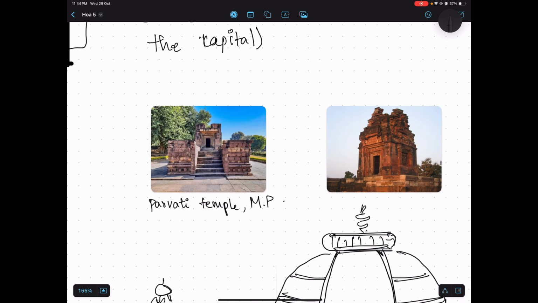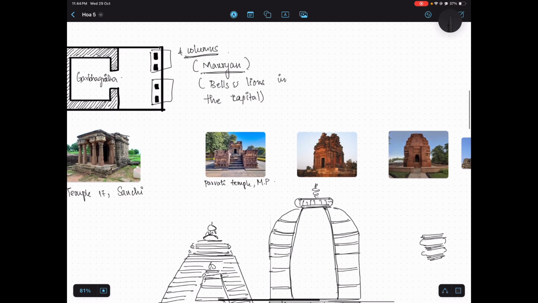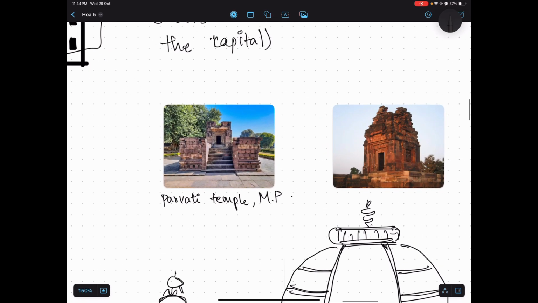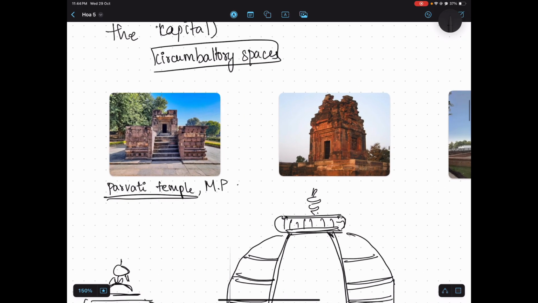Initially it was just flat roofed, with rectangular planning, a very simple structure, just Garbhagriha. Then they started having circumambulatory spaces. In fact, Parvati temple is the oldest temple recorded to have an enclosed circumambulatory space.